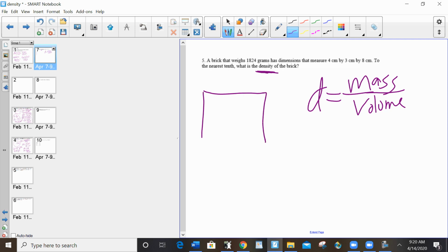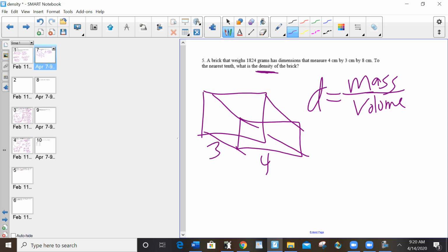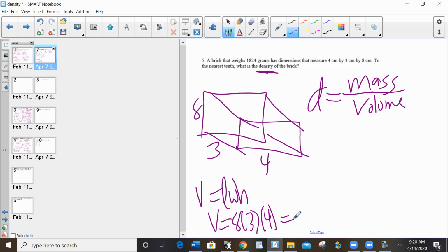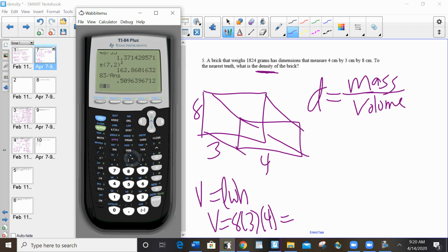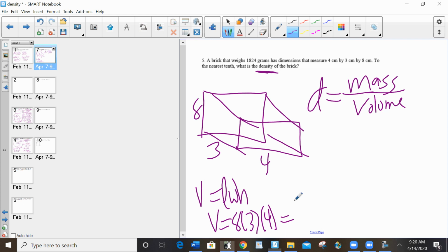It's a rectangular prism brick that measures 4 by 3 by 8. So the volume of a rectangular prism is length times width times height. So that's 8 times 3 times 4, which is 96 cubic centimeters.